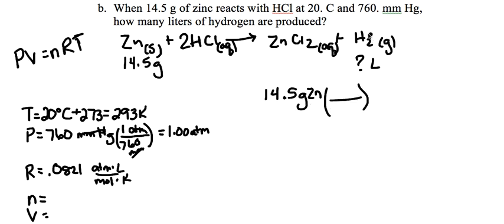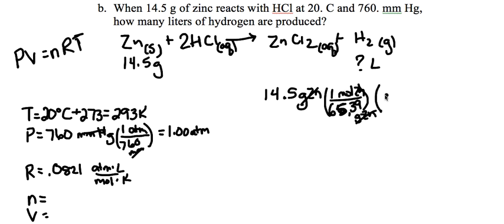I want to figure out how many moles of hydrogen. Before I can get moles of hydrogen, though, I have to convert my grams of zinc to moles of zinc. So that's 65.39 grams of zinc in every 1 mole of zinc. So my grams of zinc cancel. So now I'm in moles of zinc.